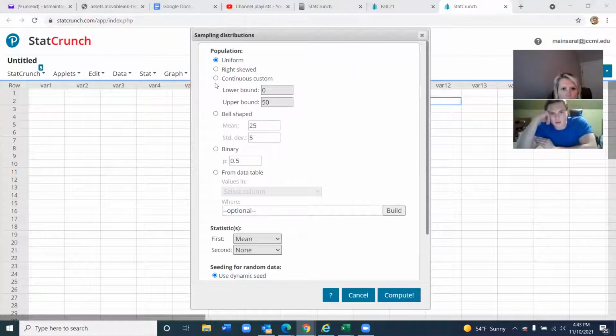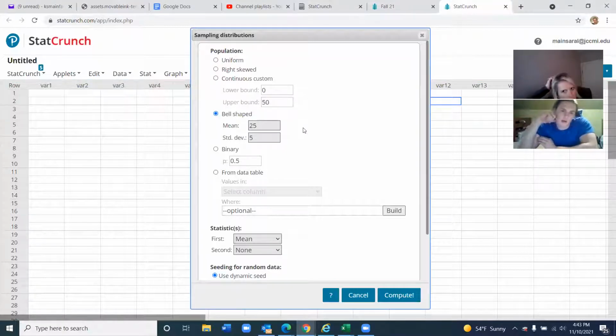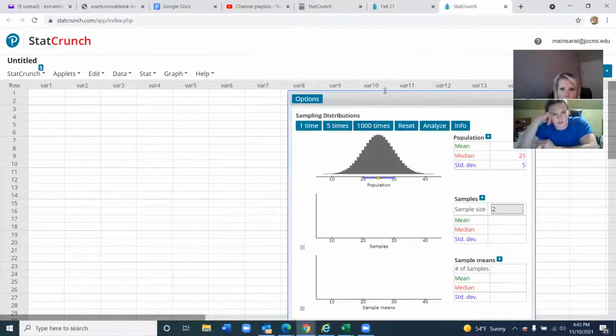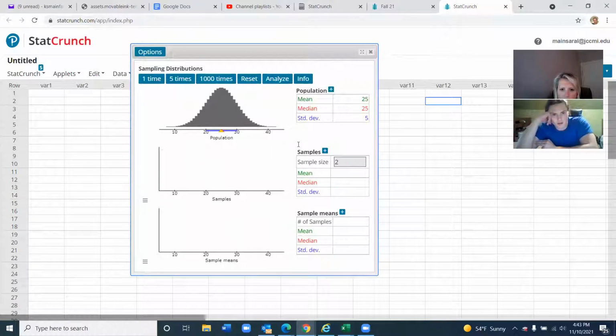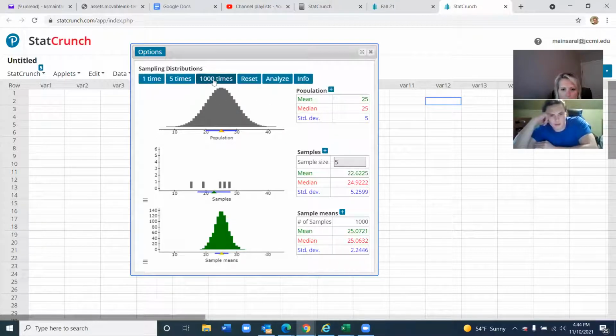So if we go in here and I say I want a bell-shaped curve, and let's say we're drawing samples from a bell-shaped curve that has a mean of 25 and a standard deviation of 5. Once I'm in here, this is going to let me draw a bunch of samples. I want to do samples of size 5 at first, and I'm going to do this 1,000 times.